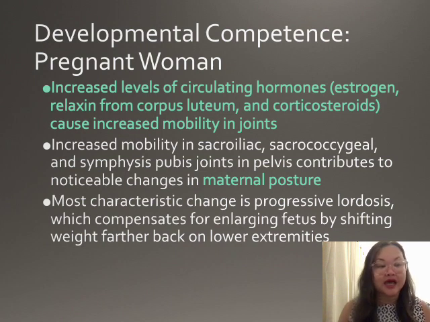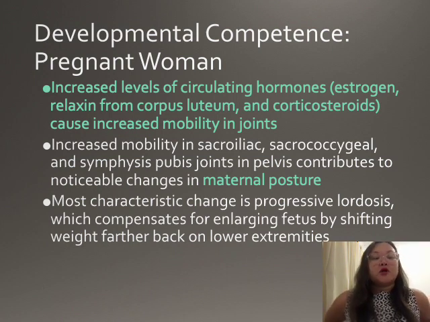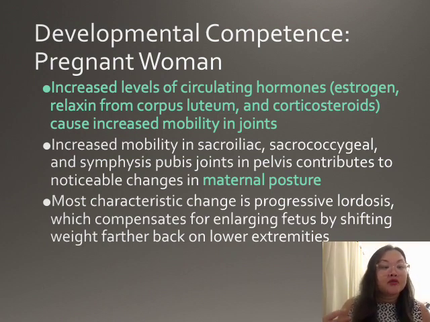Because if we're going to have a baby, we need this increased mobility in that sacroiliac area, the sacrococcygeal area, and the symphysis pubis joints in the pelvis, which contributes to very noticeable changes in maternal posture. So we talked about the lordosis, and it just changes everything about the way the woman carries her body, and it also will affect their joints. The most characteristic being lordosis.